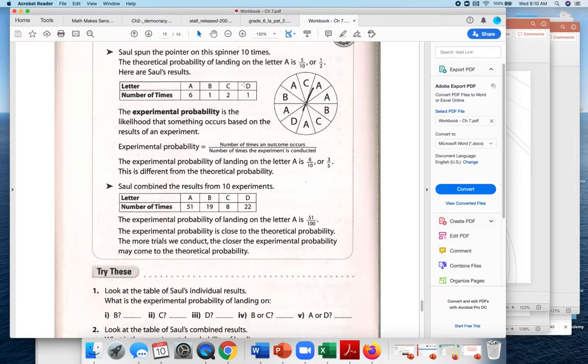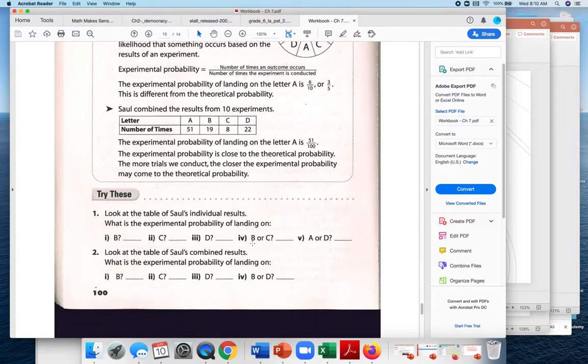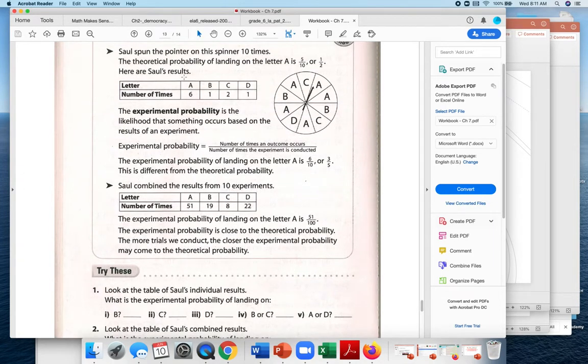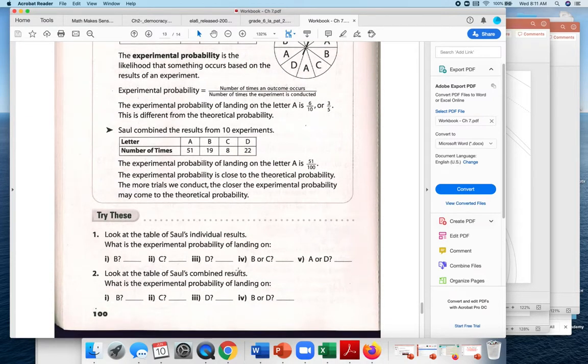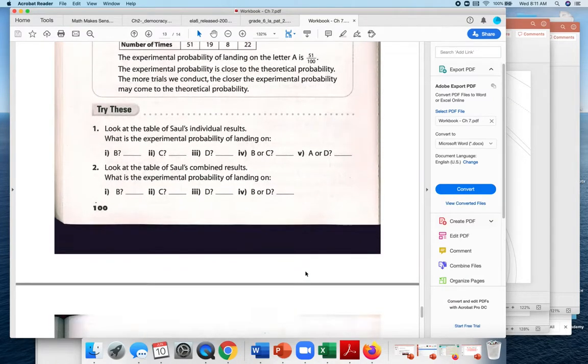You need to use this information for these questions. Look at the table of Saul's individual results. What is the experimental probability of each of them? Now look at the combined results. It's going to ask you the same thing: what's the experimental probability of the different options?